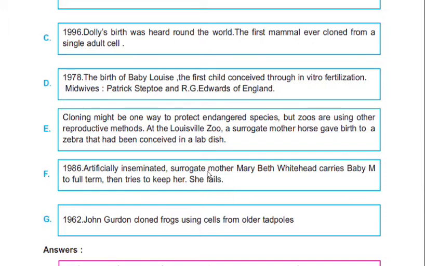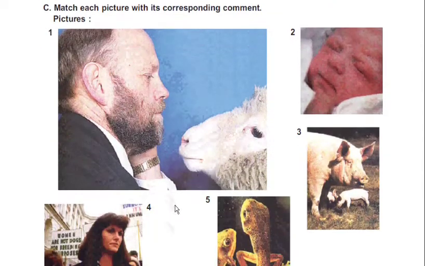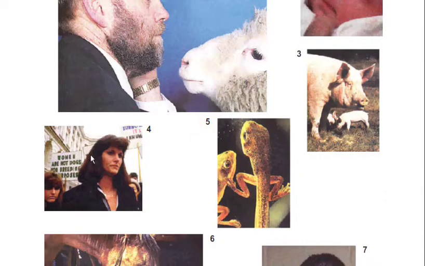So surrogate mothers are the women, or females in animals, that carry babies of other women. That is the picture we have here. So probably there was a demonstration in support of the surrogate mother.